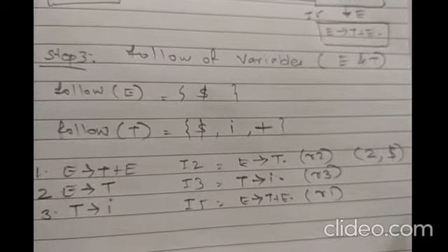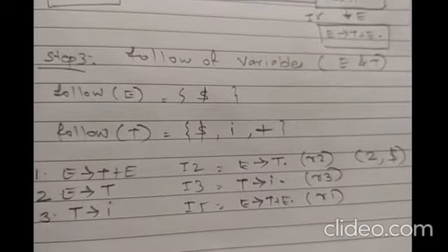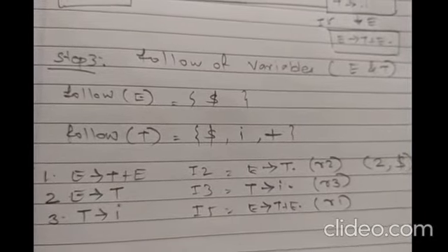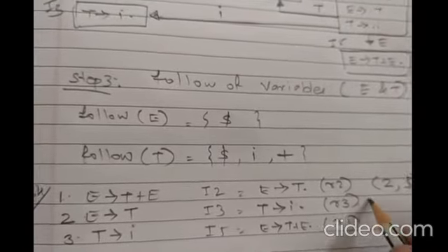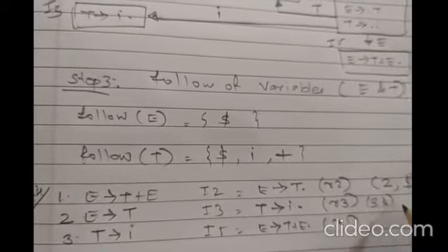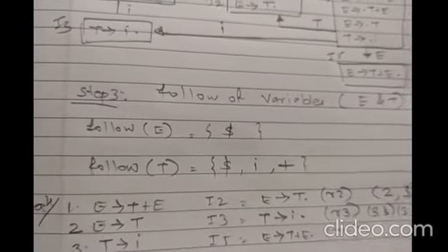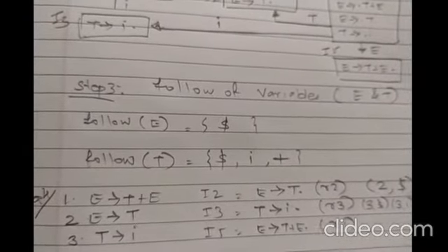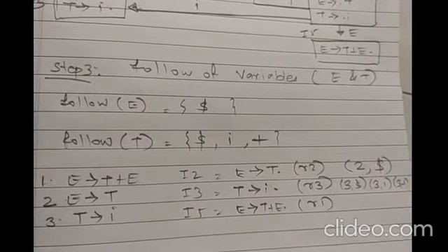For R3, we will write R3 for the symbols coming in the follow of T. So what is follow of T? That is dollar, I and plus. So when you have 3 comma dollar or 3 comma I or 3 comma plus, at that time you will write R3.